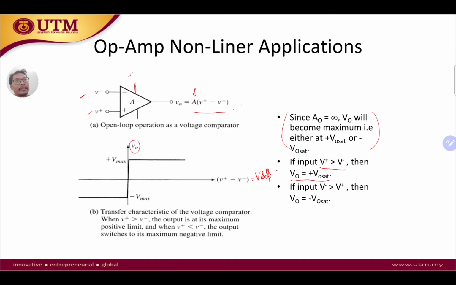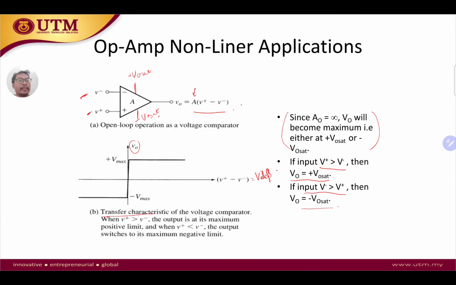So positive Vosat is here, and negative Vosat here. And if the input V- is greater than V+, then Vout is simply going to be negative Vosat that we set on the supply of the op-amp.